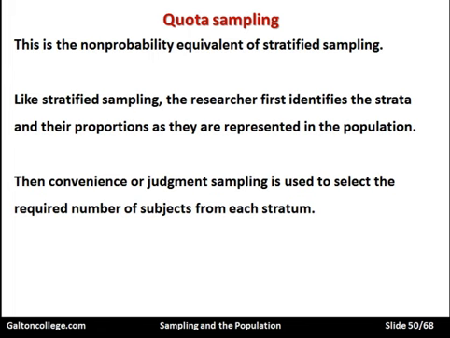Then convenience or judgment sampling is used to select the required number of subjects from each stratum. So having selected the strata, having recognized the strata first and listed the strata, the researcher decides how many will be selected from each one. And that's using judgment again.